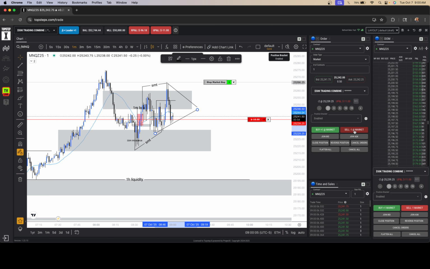I think I might size in on one and put the stop loss maybe somewhere in here. Since this is the SMT right here, this should be the protected high.